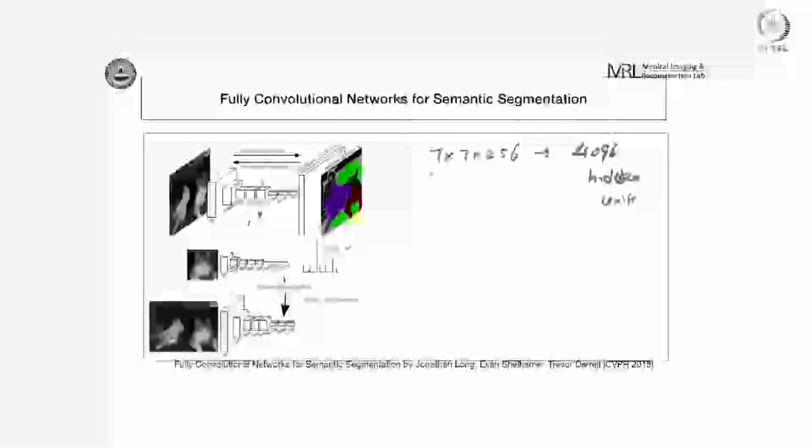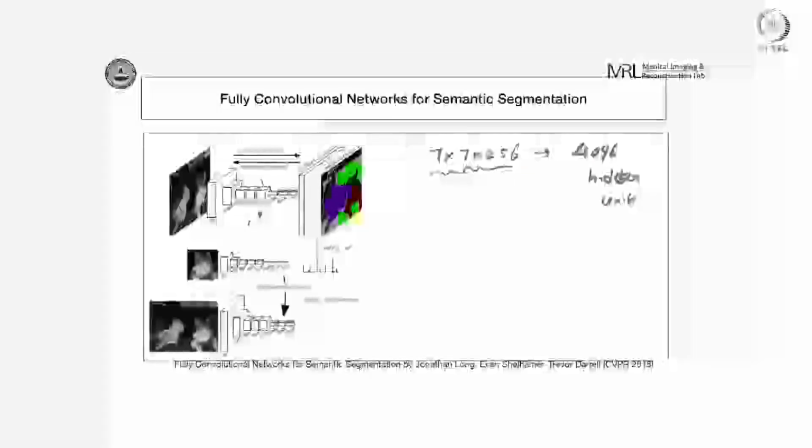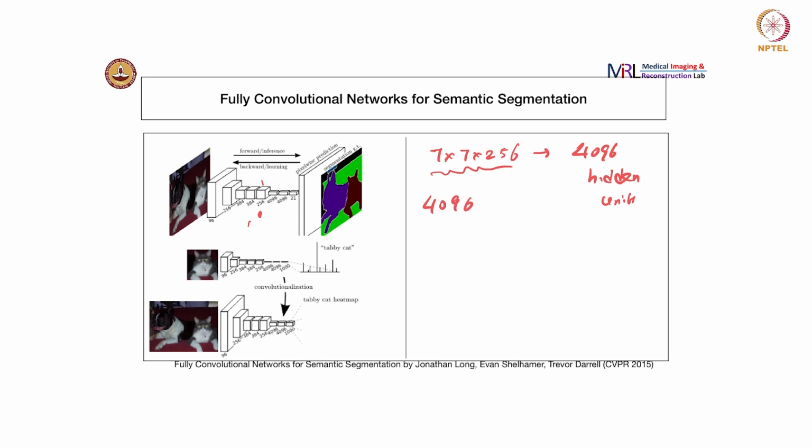In this case, if we take this layer, it actually has 256 feature maps. Each feature map is of size 7 cross 7. So then if we define 4096 filters, each of size 7 cross 7, they'll automatically run across the channel dimension.